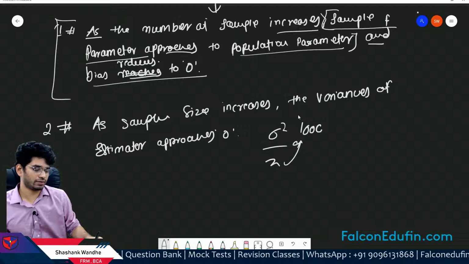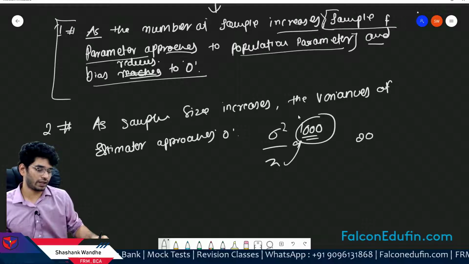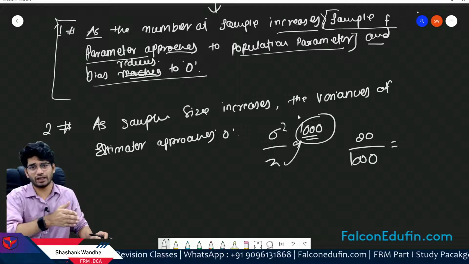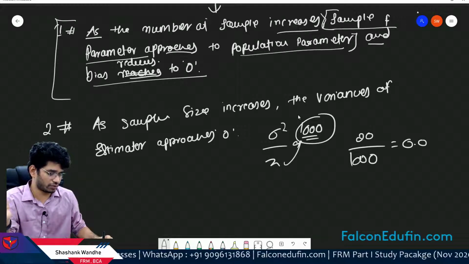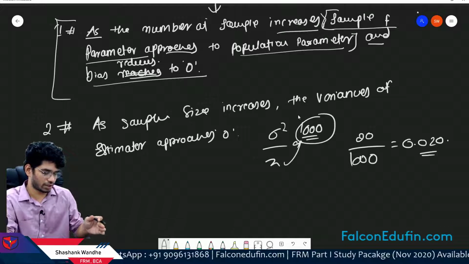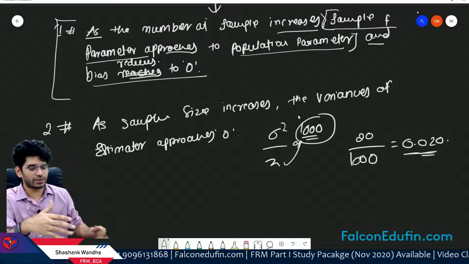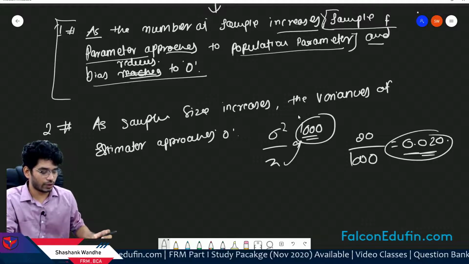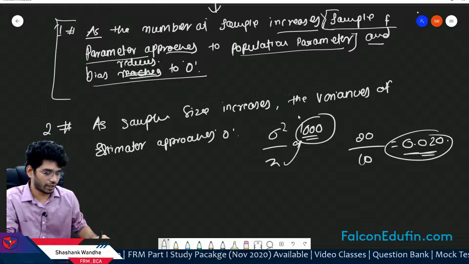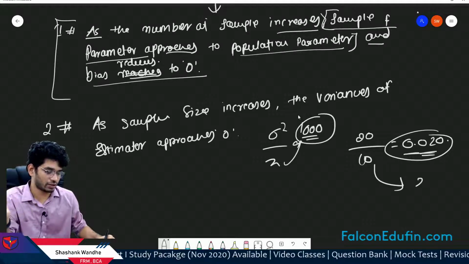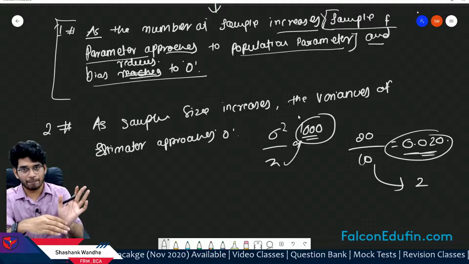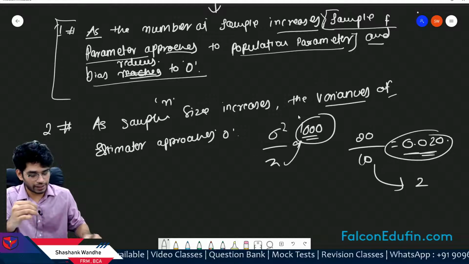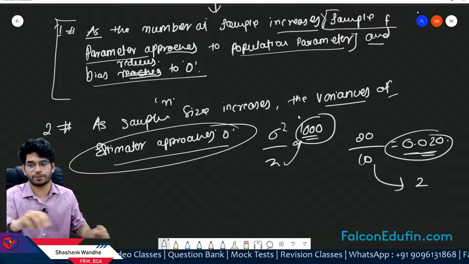Say n is 1000 and your variance is 20, and you are dividing it by 1000, the result is very small, approximately 0.02, so your answer will be close to 0. Now just take n equal to 10, and 20 divided by 10 is 2. So if you increase the sample size, that is n, the variance of the estimator approaches 0.